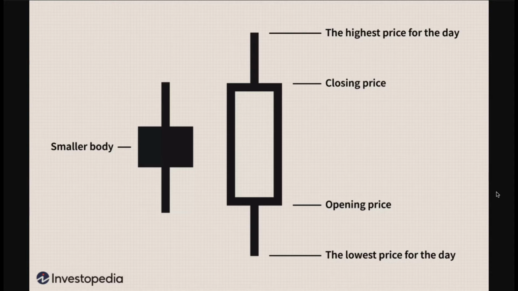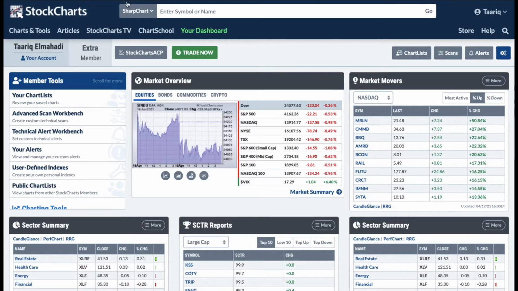So what you're seeing here is the opening price, this is the closing price for the day, and this is the opening price for the next day, and you're seeing that it is actually closing higher than the previous day, right? This is a great indicator. You definitely want to look at your other indicators, but this is a good signal that you're heading towards an uptrend. So let's go ahead and look at this on stock charts.